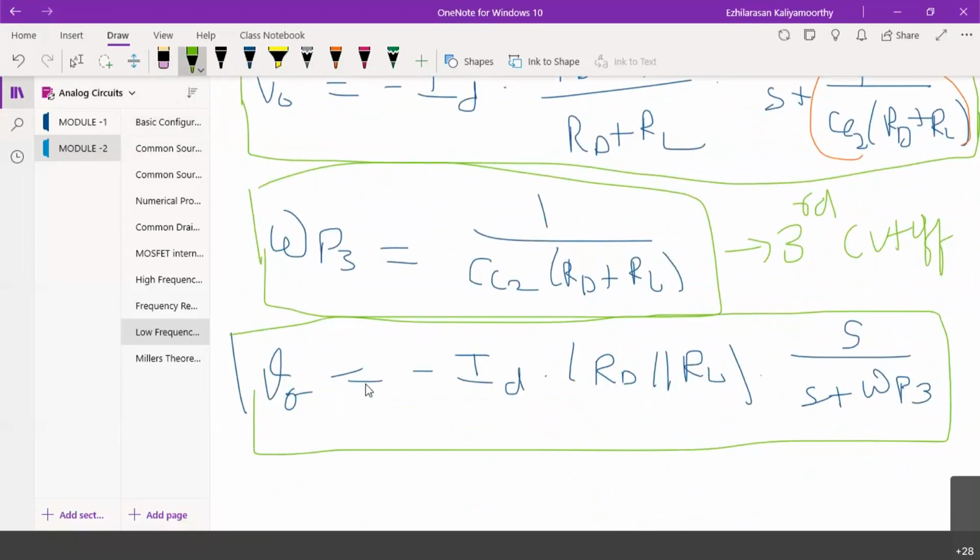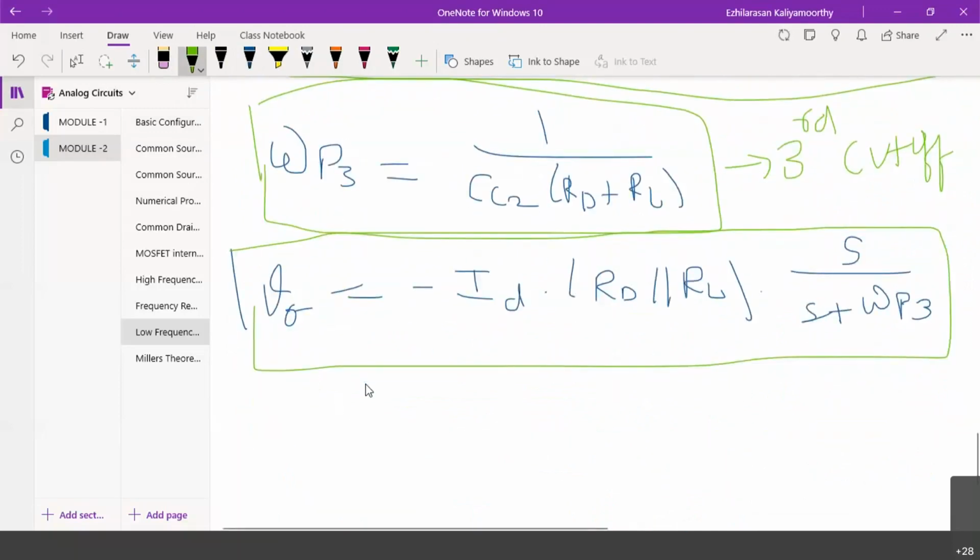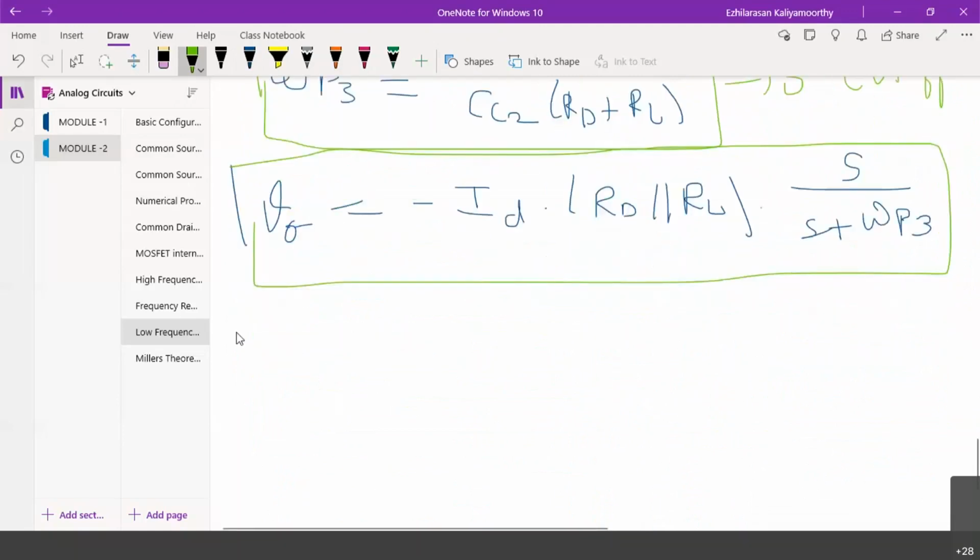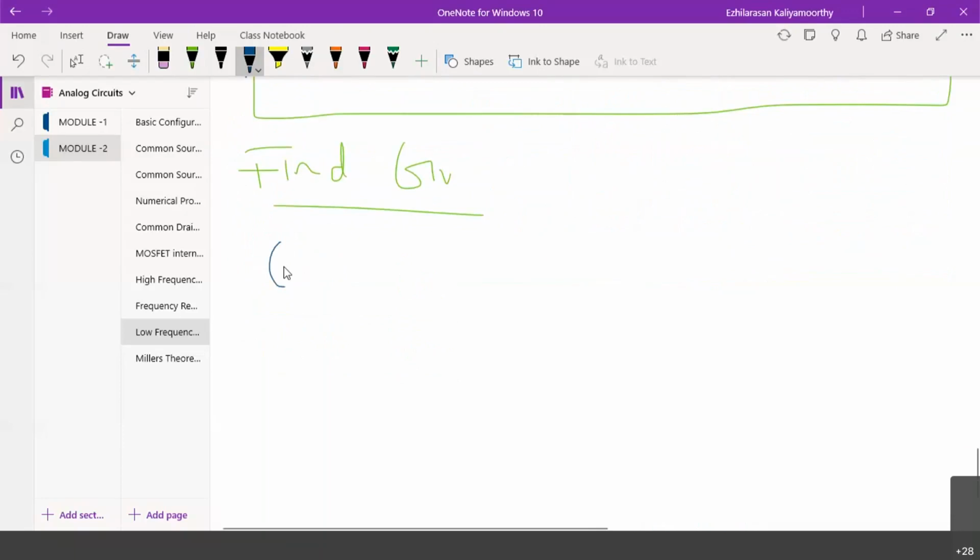Now you have to find out V naught by V sig. How can we find V naught by V sig? We already know all the values. Find the overall gain, GV. We know that GV is equal to V naught by V sig.